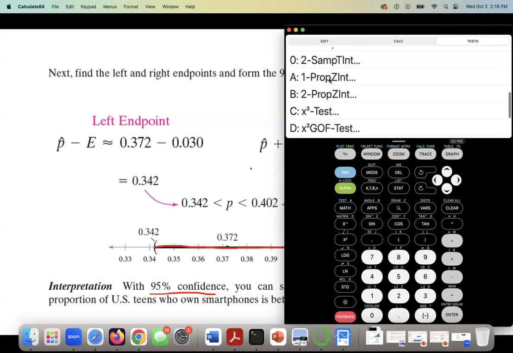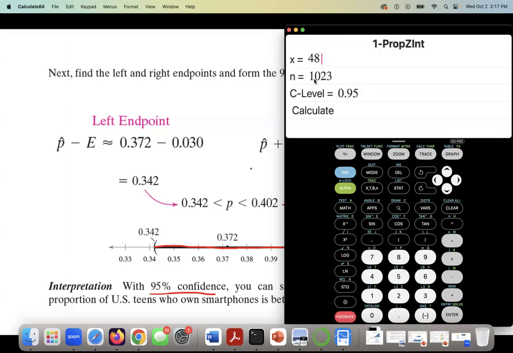You need 1-PropZInt. This is the one that you're looking for. So we clicked on STAT, we clicked on TESTS, and we need to click on 1-PropZInt.